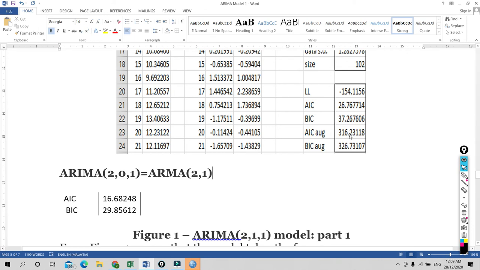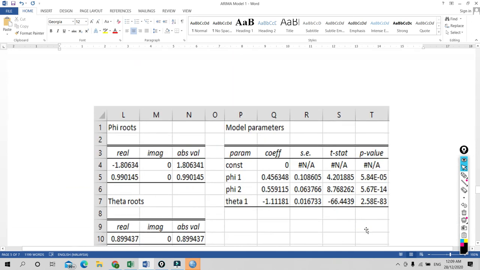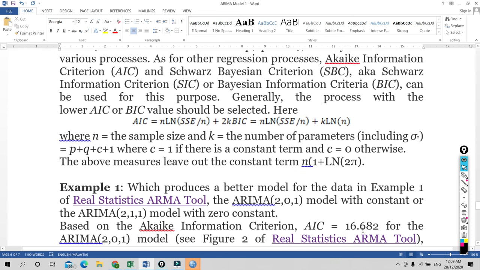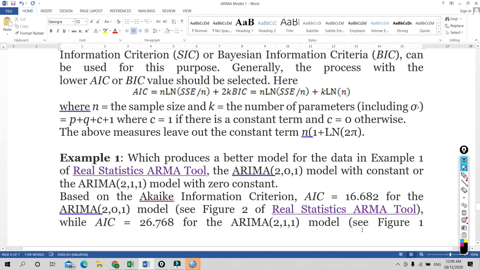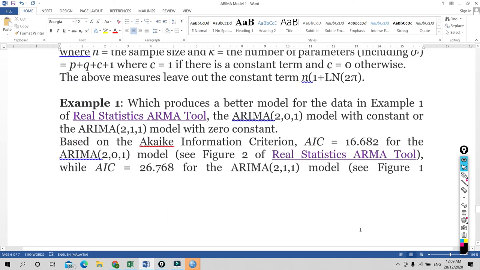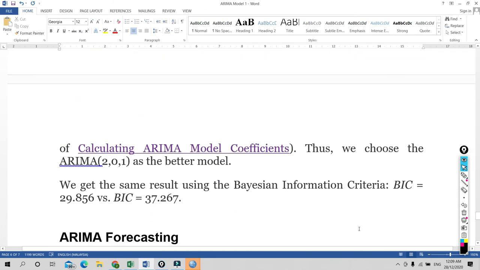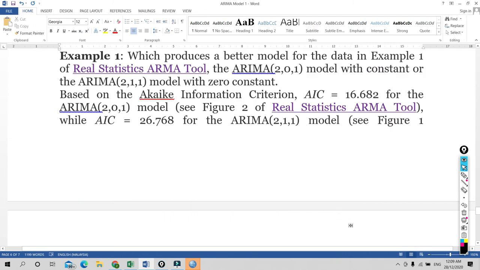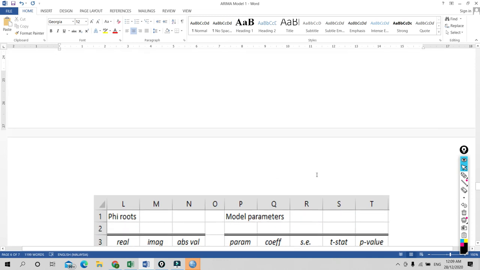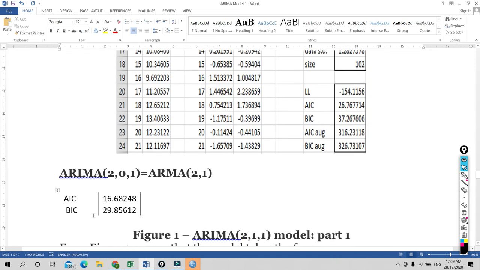If I compare to this one, the AIC and BIC here is lower than this one. These are ARIMA 211. So what to say here? If the BIC and AIC is a smaller value, meaning to say this model is better than the previous model.